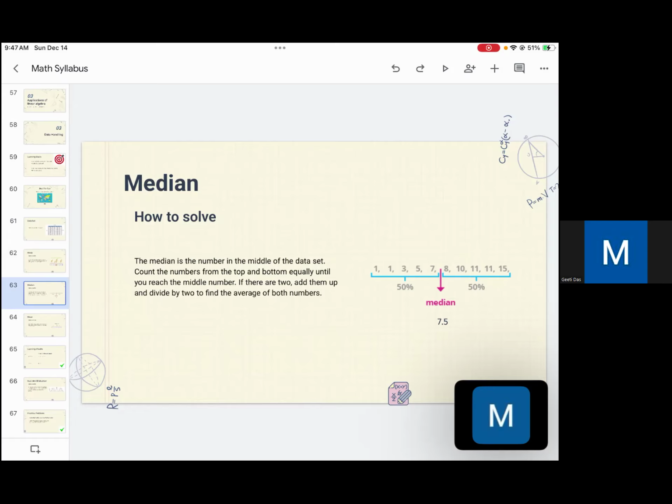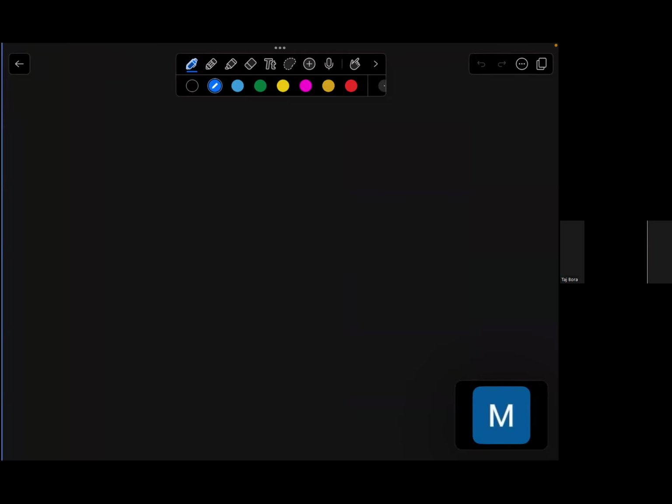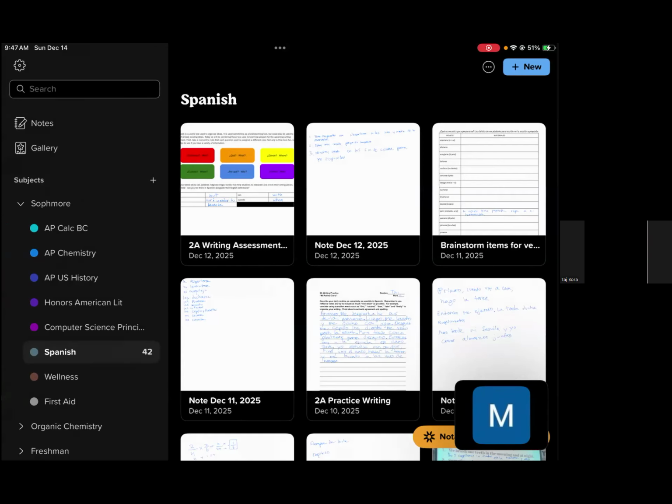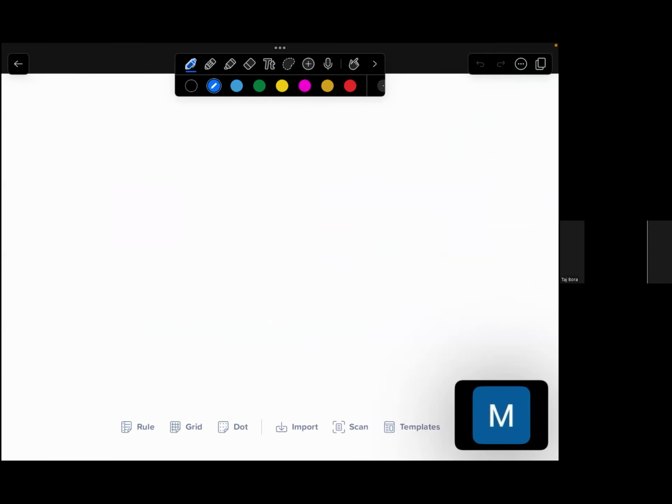Taj, can you explain one more time? Okay. So we have a list of numbers. Right now we are looking for the median.